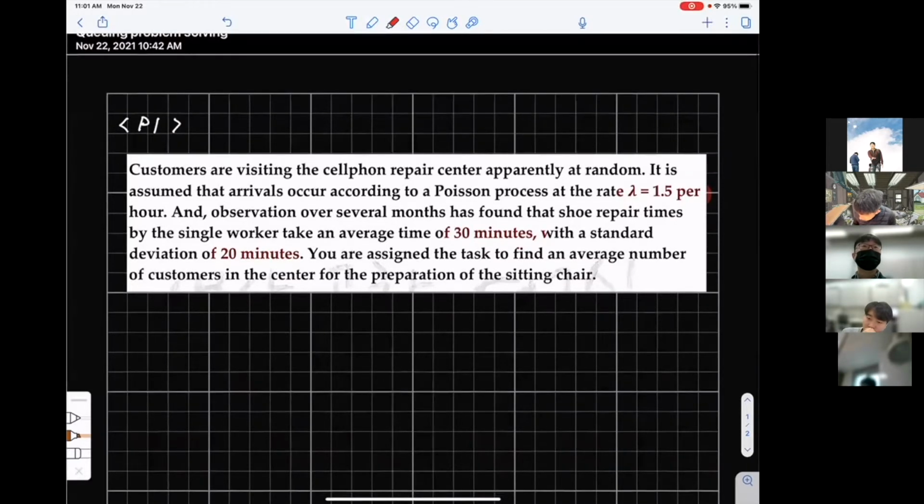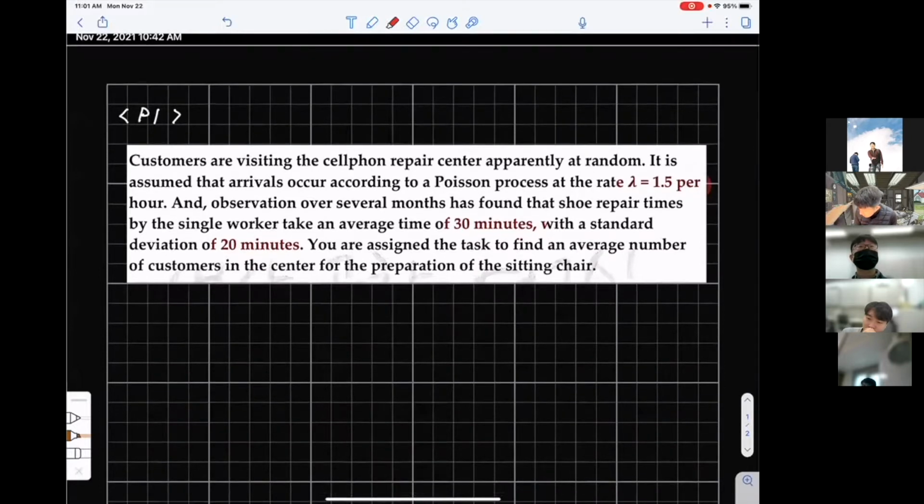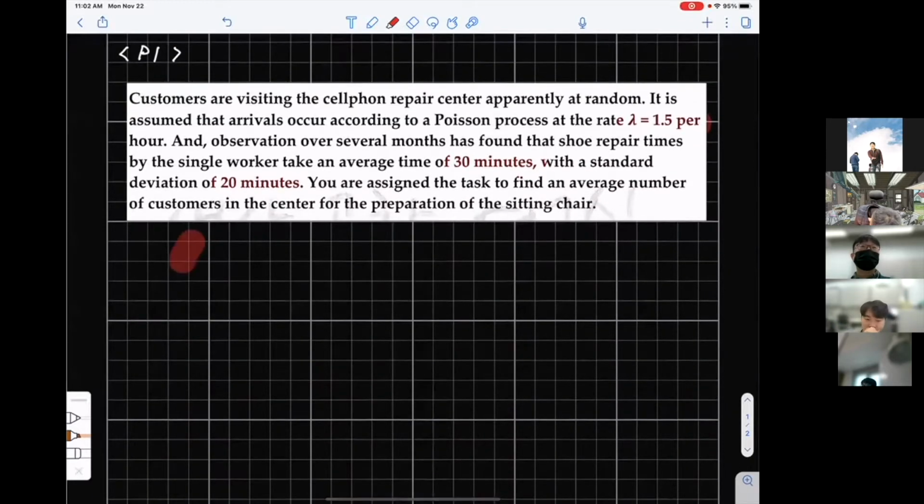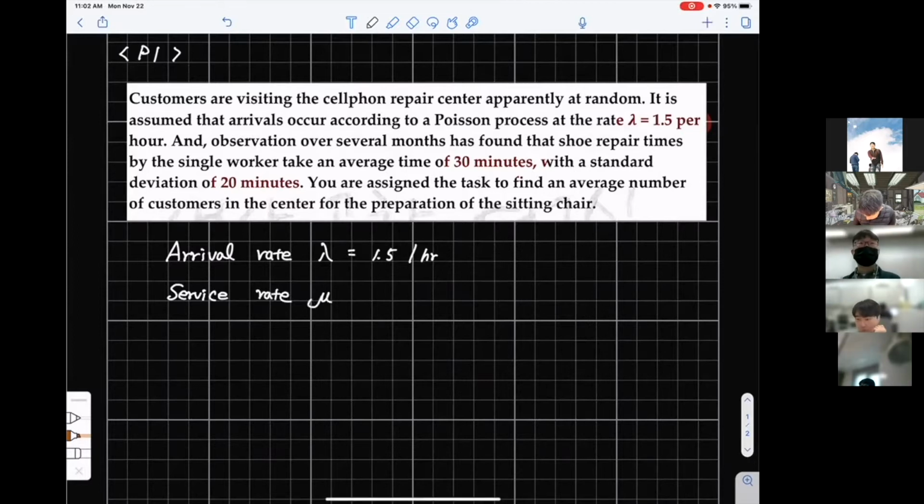So we are going to start with several indexes. The first index is our arrival rate. That is 1.5 persons per hour. And the service rate, we are using this symbol, mu.